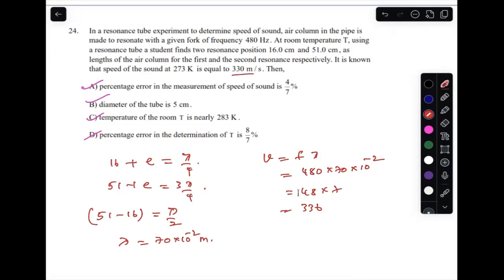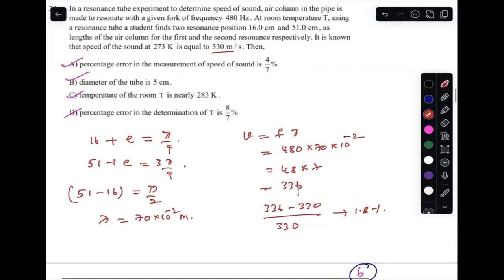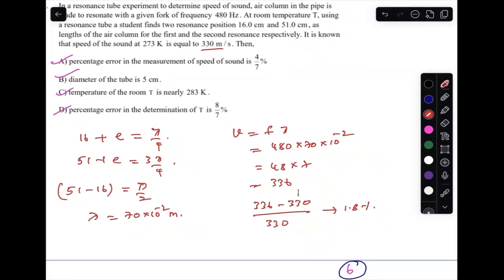So what is the percentage error? 336 minus 330 divided by 330 works out to about 1.8 percent. But is 4 by 7 the same? No, wrong. Just please check. Is this correct? 336.